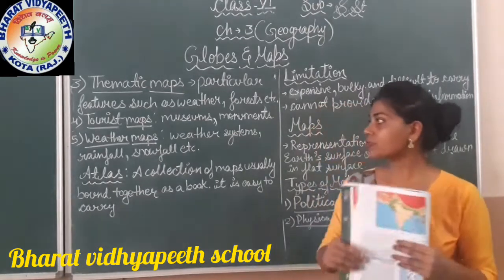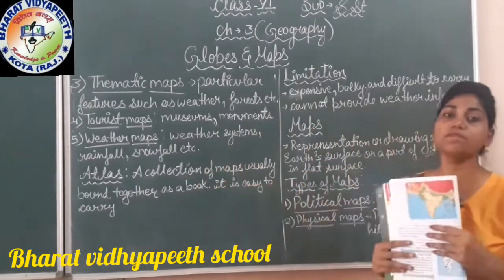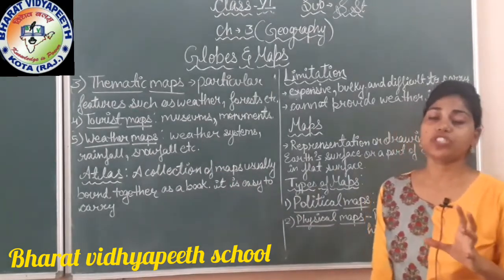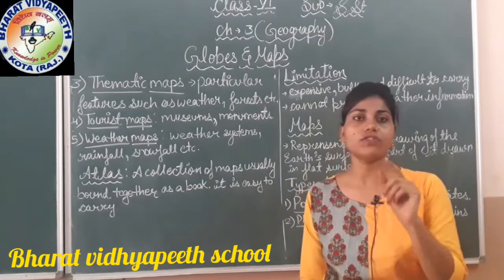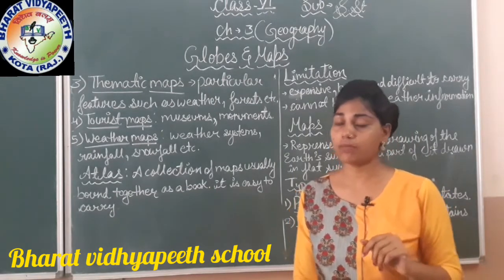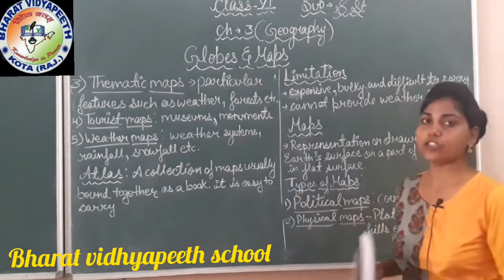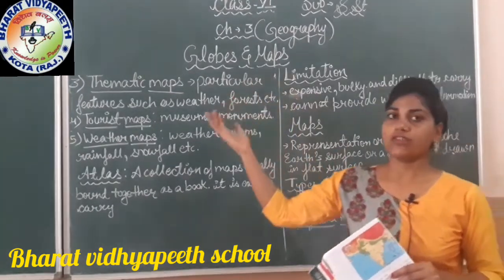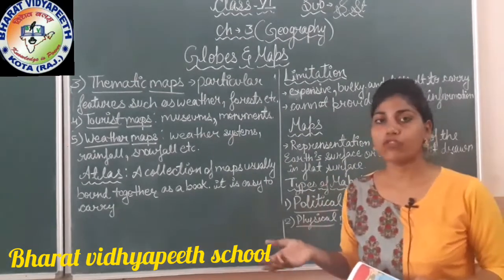After that, the last map is the weather map. The weather map is the map which we usually see on a news channel. If you notice, the news channel always shows weather forecasting on a map of India on TV, and they tell that there will be rain today, there will be sun today, and there will be snowfall after that time.